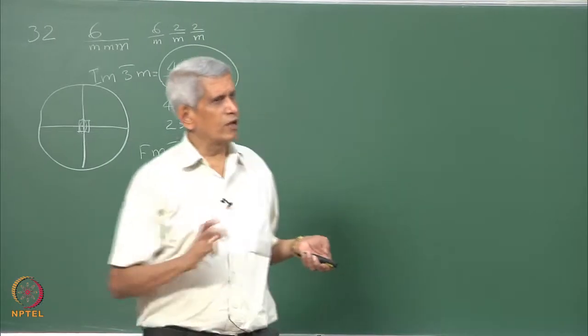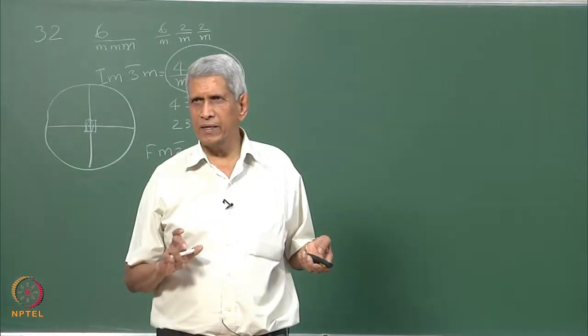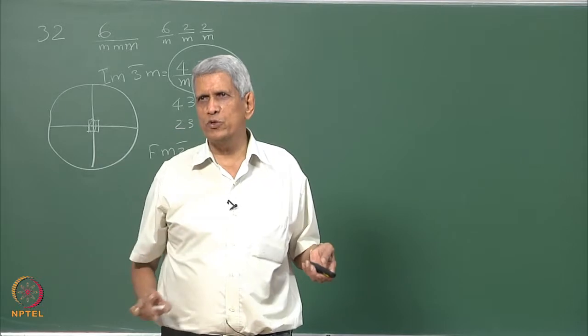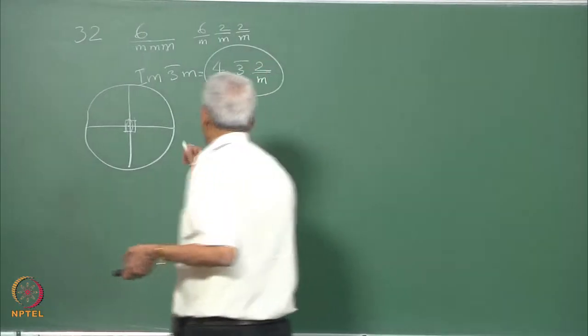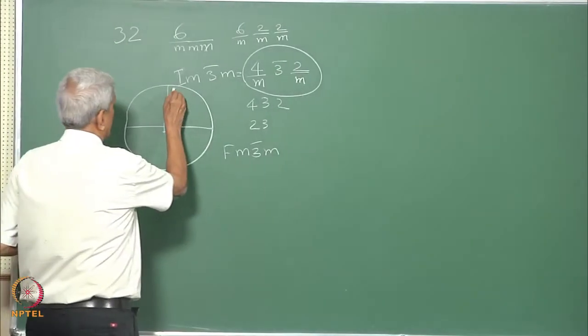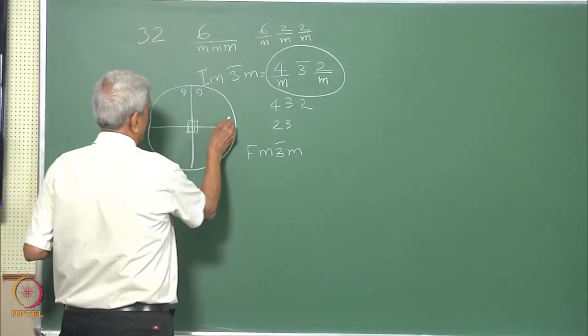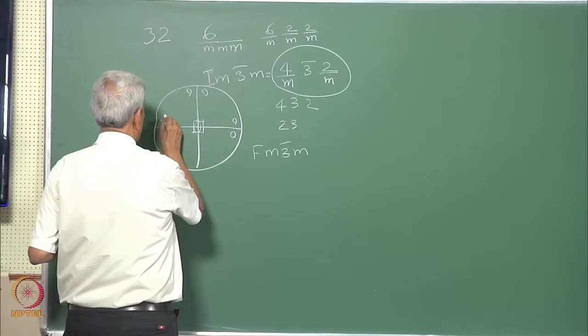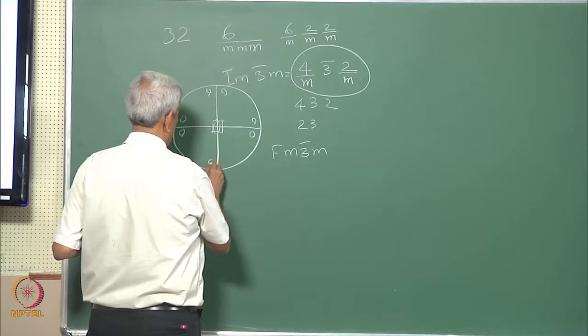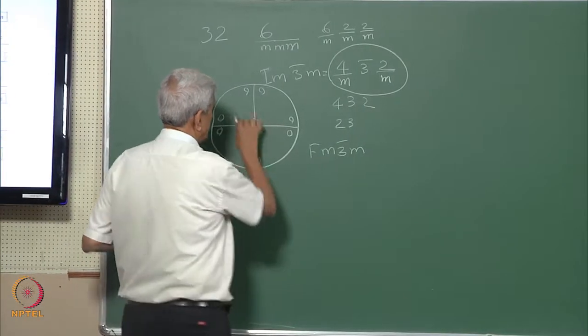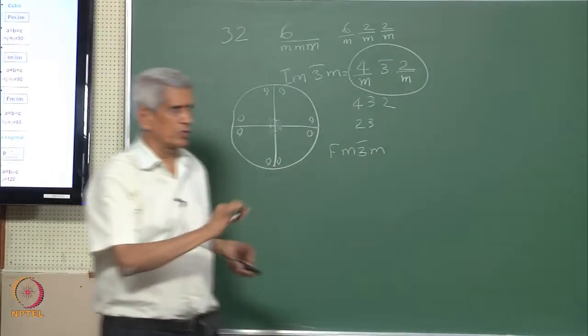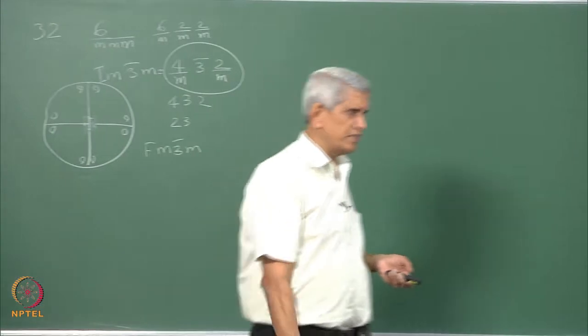In fact, that is also represented by the number of poles which you see in a stereographic projection. Suppose this is what the stereographic projection shows. There are 8 poles which we are seeing, right?